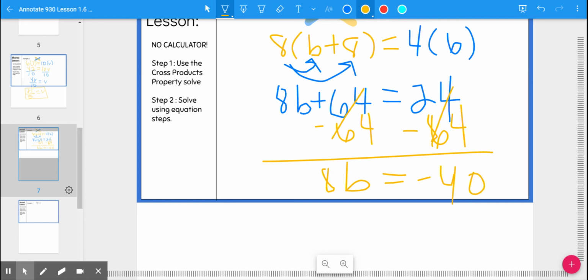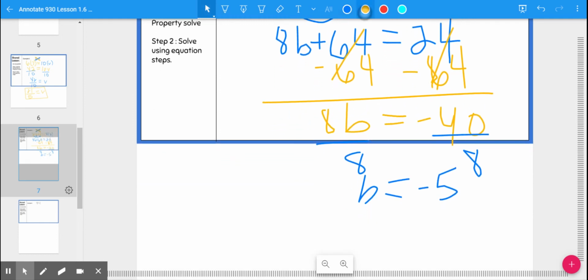So 8b is equal to negative 40. We are almost there, but now we have to divide both sides by 8. And we are left with b is equal to negative 40 divided by 8, which is negative 5. So our final answer here is b is equal to negative 5.